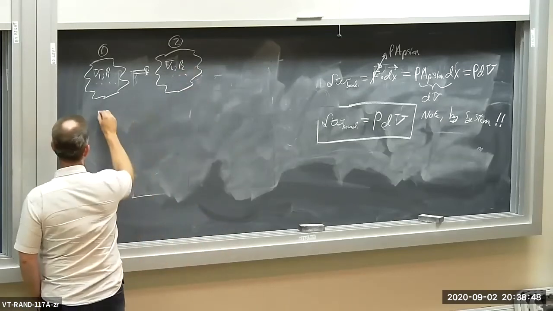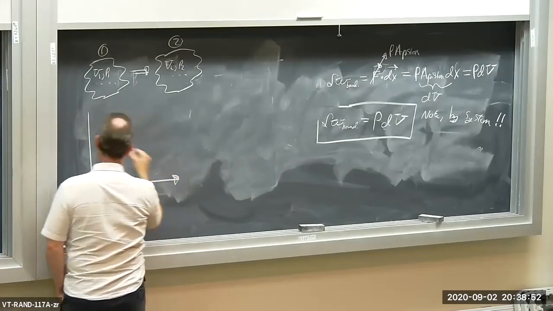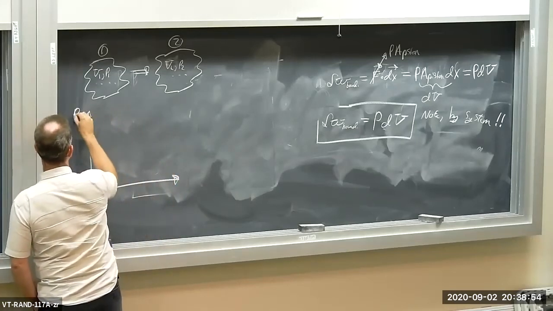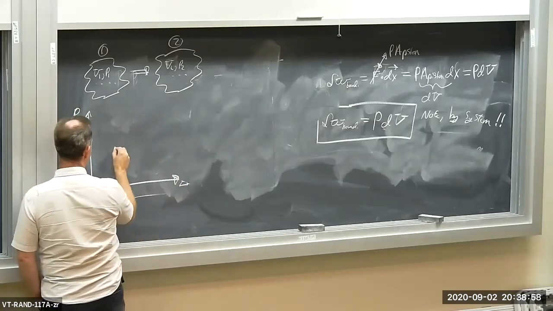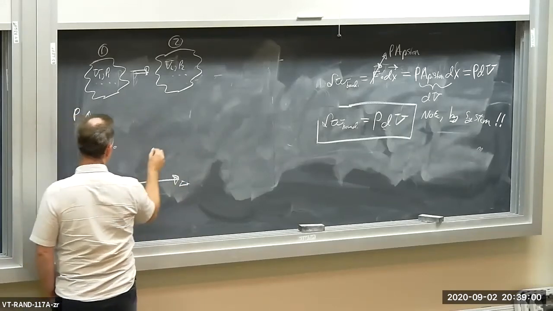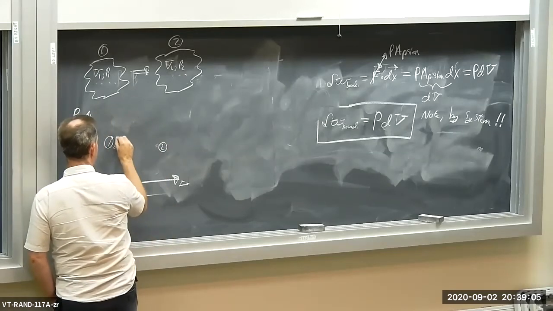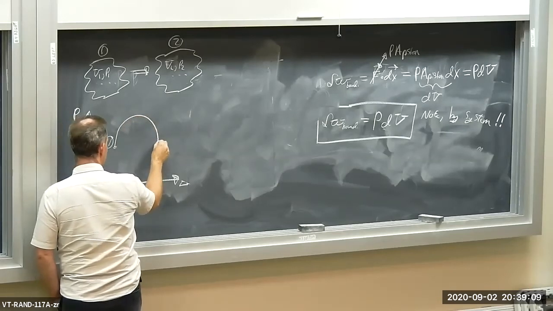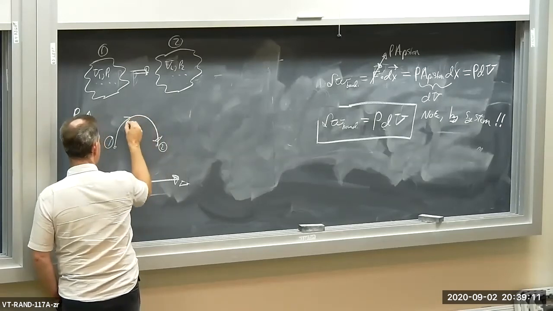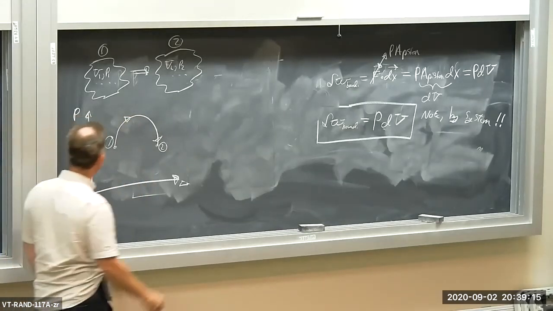And I have the following process. PV. Let's see here. This is state 1. That's state 2. Let's say this is the process. Okay, that's the process 1 to 2.